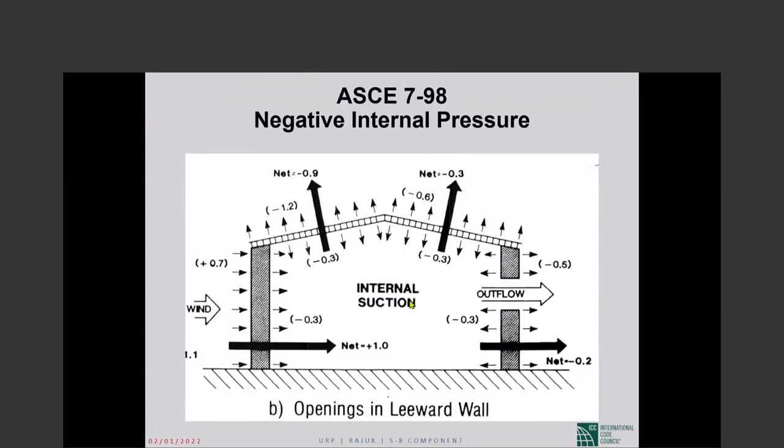This is negative internal pressure. Now the net is 1.2 plus 0.3, which is negative 0.9. So this is not the more critical case. But as far as this wall goes, this is more critical. This is plus 7. This is negative 3. So the net is 1.0. Negative pressure gives you 1.0.